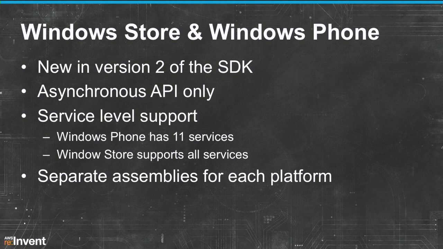For Windows Phone 8, we support 11 of the services, focusing on the services you mostly want to call from a phone, like S3 or DynamoDB or SQS. And then the Windows Store version of the SDK does support all of the services like the regular version of the SDK. To support all these different platforms of regular Windows, Windows Phone, and Windows Store, we actually generate different assemblies for each of these different platforms.